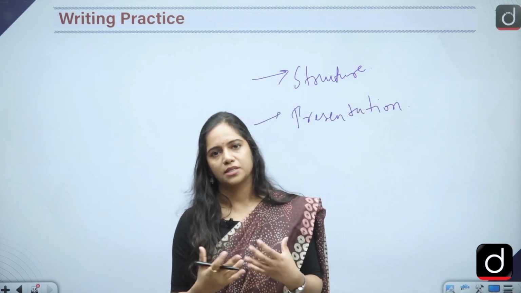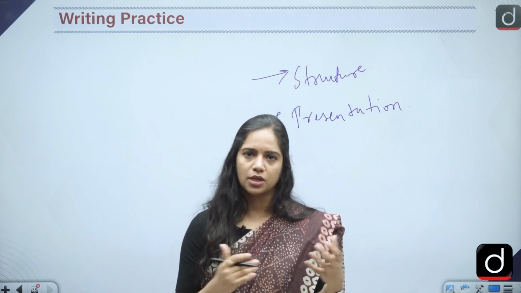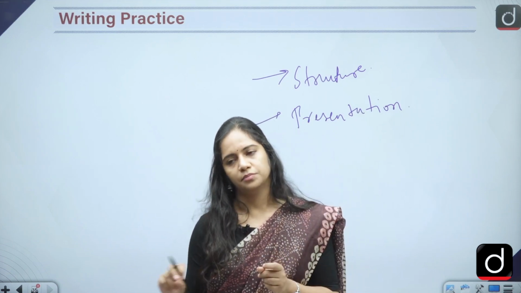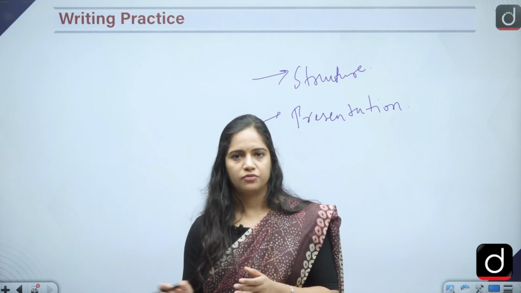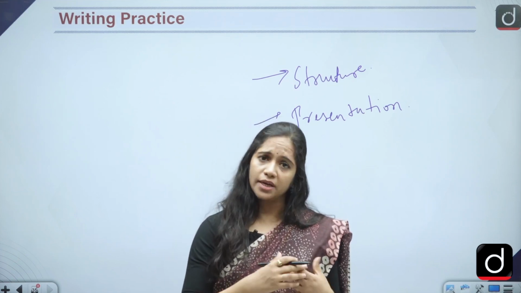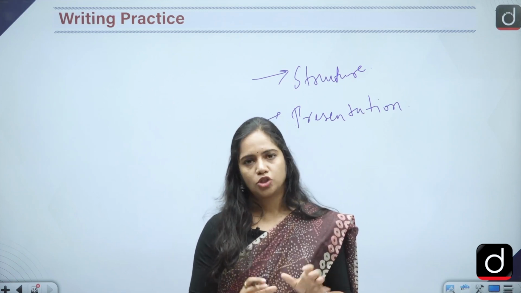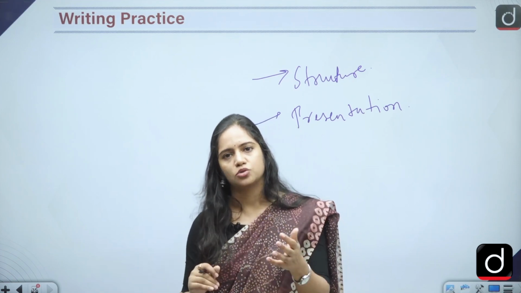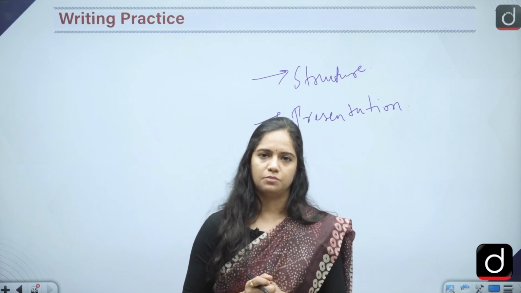Have a mix of both kinds of presentation, that is bullet points or short, small paragraph kind of answers. You can have a mix of flow charts, diagrams, so that every answer looks different and it caters to the demand of the question at the same time.